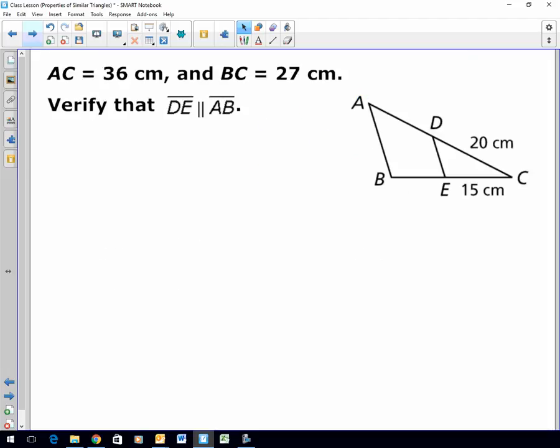Alright, you guys do this one on your own. It's tricky. I'll give you a couple minutes to do this one. First thing is this. I want to verify that DE is parallel to AB. Using the information I've been given, how can I verify that?